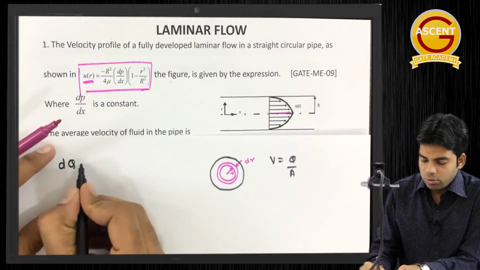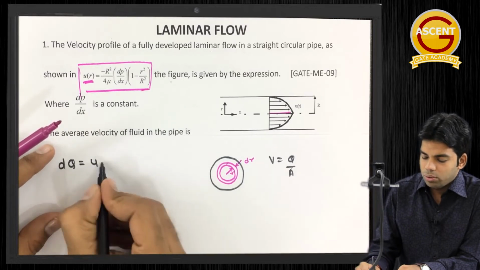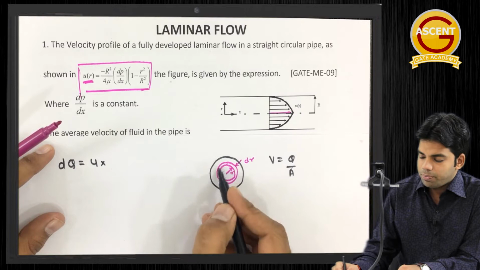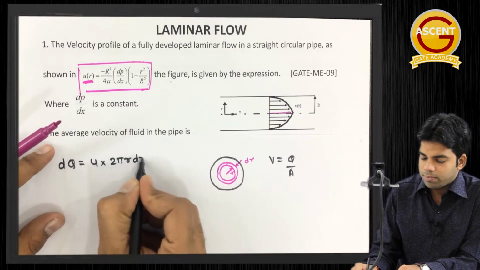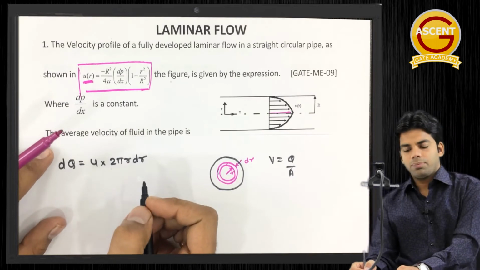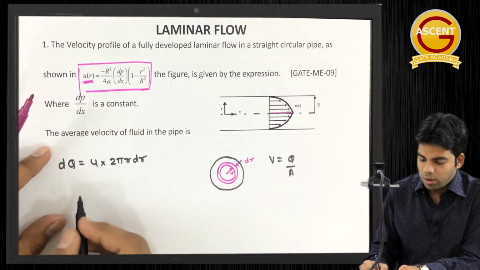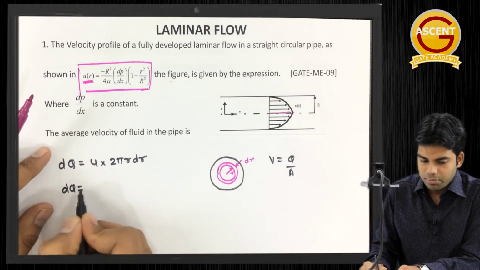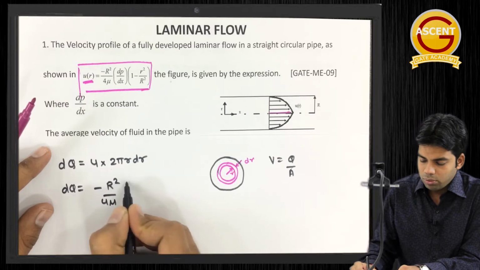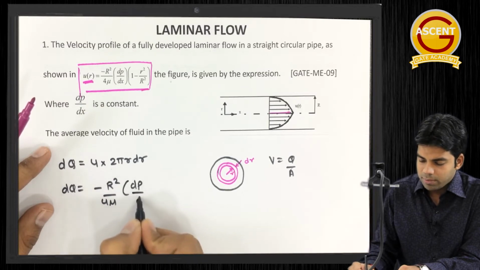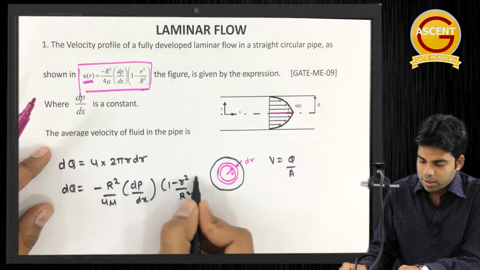This dQ will be equal to velocity, which is u, into the area of this strip, which is nothing but 2 pi r into dr. Getting this or not? Now velocity u is given with respect to r, so this dQ will be equal to minus R square by 4 mu dp by dx into 1 minus small r square by capital R square.